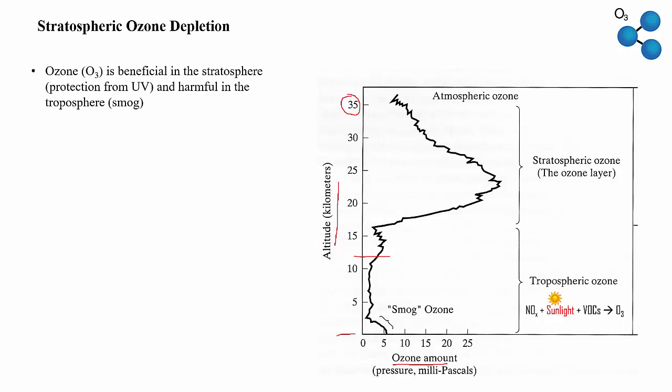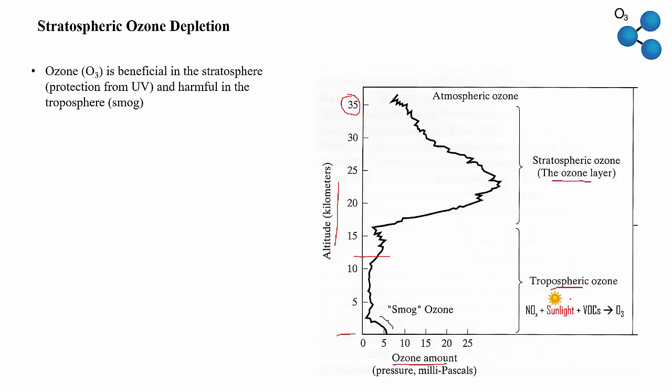Now ozone has the very unusual characteristic of being beneficial in the stratosphere, so up high, in that it protects us and the biosphere from ultraviolet radiation. But in the troposphere, down at ground level, it's harmful. We talked about ground level ozone, or so-called tropospheric ozone, in the air pollution chapter.